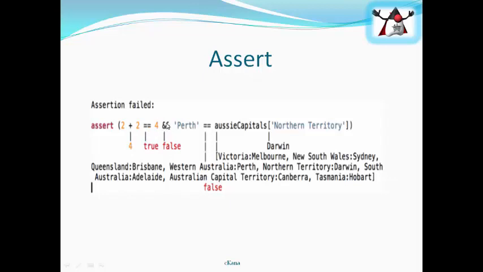But we have an AND statement which says Perth is equal to the Aussie capitals. And then we have a list of Australia's Aussie capitals, and Perth is not included in that. So this assertion is false because there's an AND statement in the middle. One is true and one is false, which will result in a false statement.